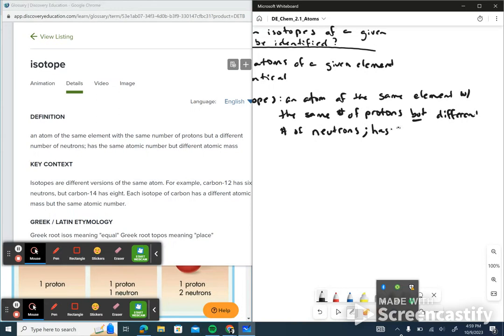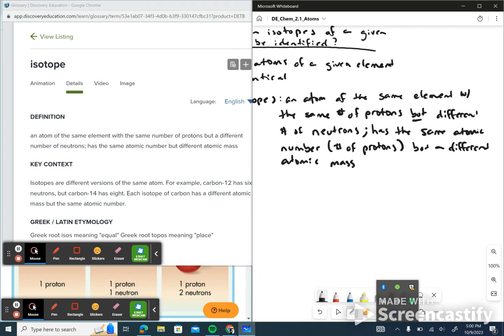It has the same atomic number, of course, right? Because that's the number of protons. But a different atomic mass. Why a different atomic mass? Well, because isotopes can have different numbers of neutrons, and that's going to contribute to a different atomic mass, because of the varying number of neutrons.